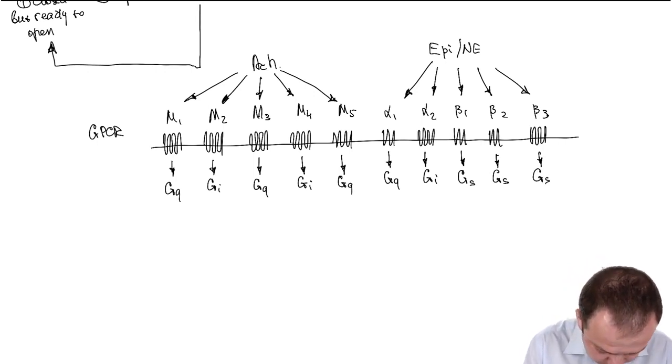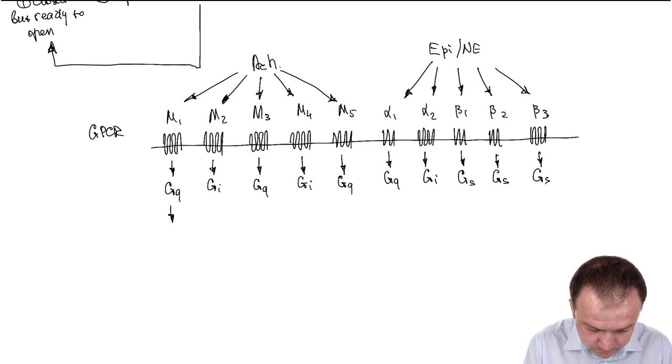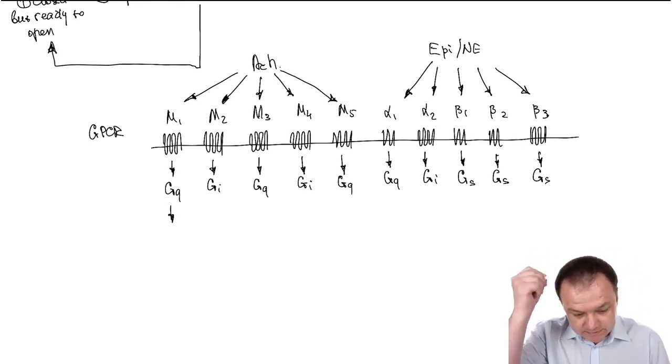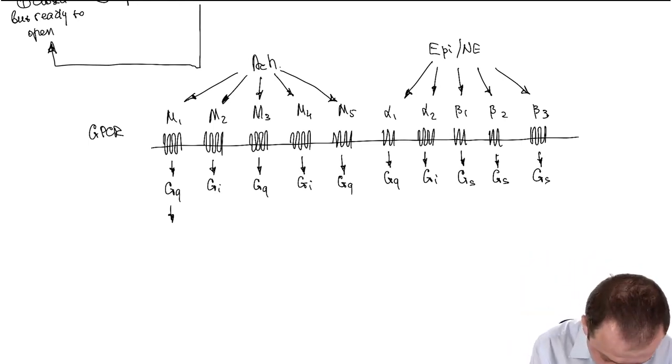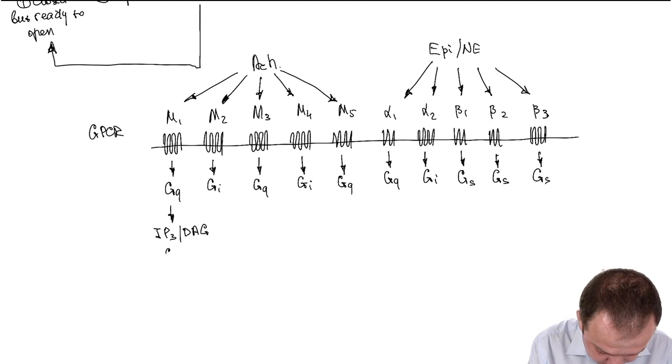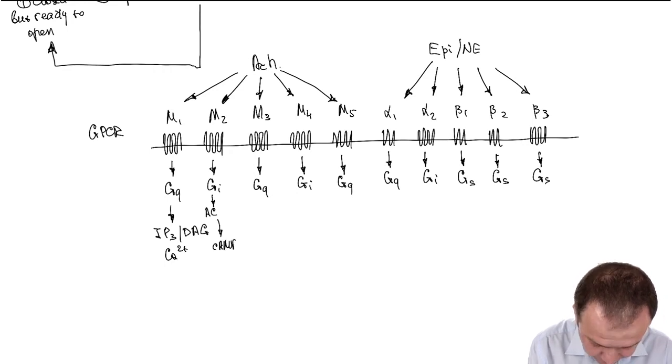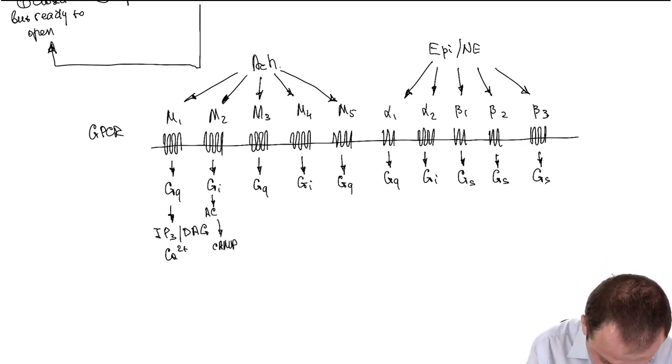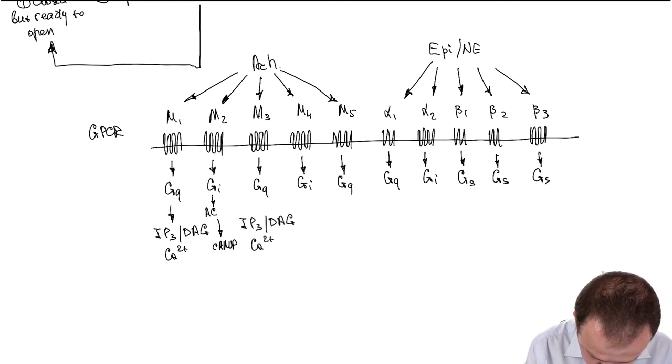It means that M1 receptors act through inositol triphosphate, diacylglycerol and calcium cascade. Gi: adenylate cyclase and cAMP. Again Gq: inositol triphosphate, diacylglycerol, yeah?